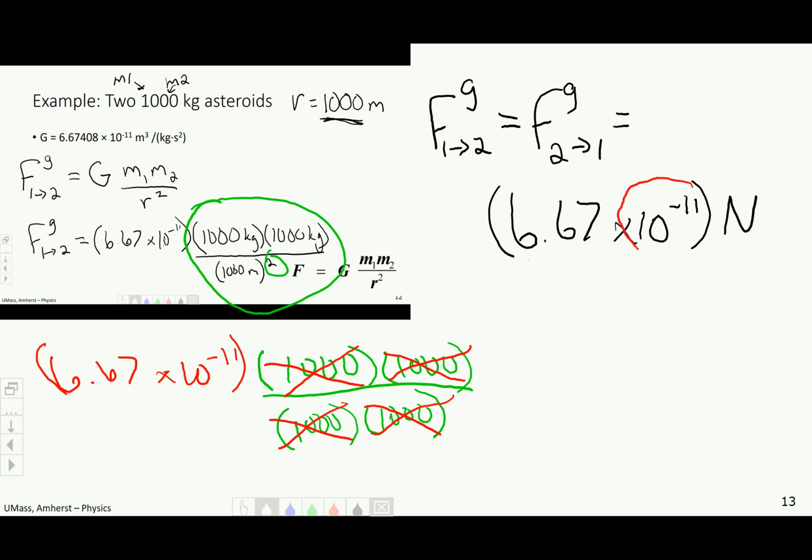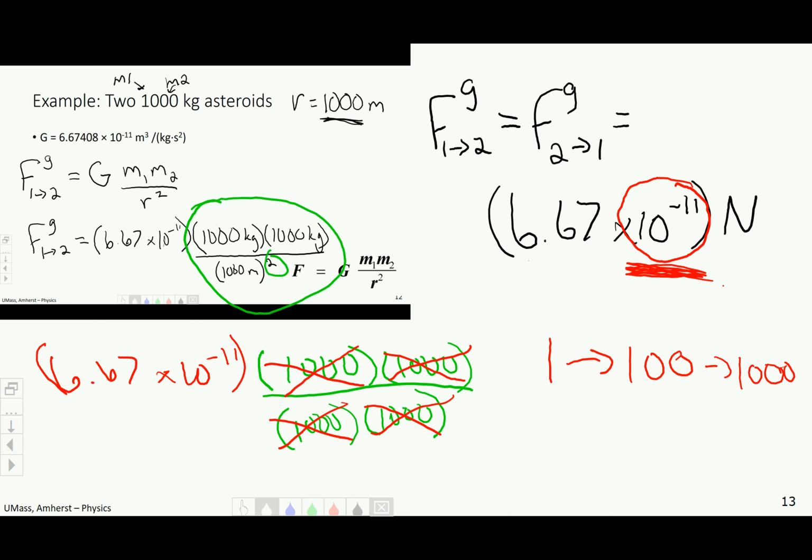Let's make an interesting point here. This is a very small number. 10 to the negative 11th is a very, very small number. The forces that we experience in our day-to-day lives are generally on the order of 1 to 100 or maybe 1,000 newtons. 10 to the negative 11th is very, very, very small. So as far as forces go, gravity is a weaker force.